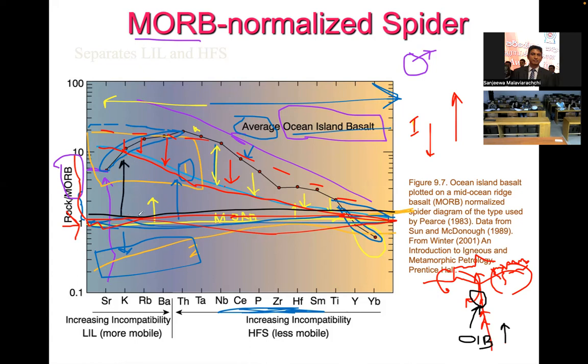That means your rock's original composition has been modified by enrichment due to OIB-type melt interaction, because the OIB-type melt composition is very high here. It can add to the depleted composition of your sample, and now it can represent a moderately high composition in between these two compositions, right?